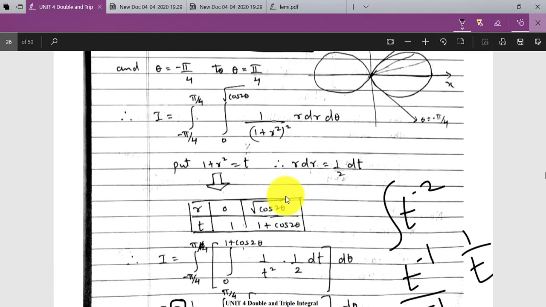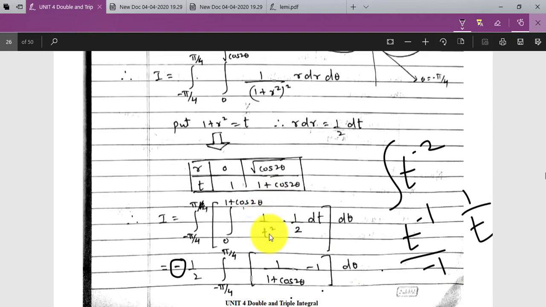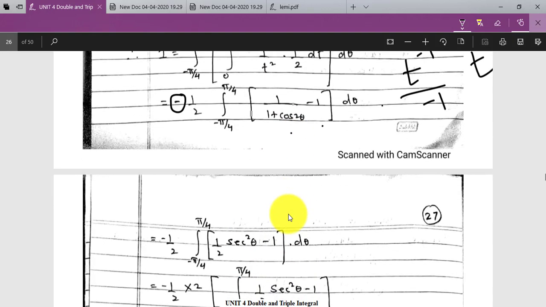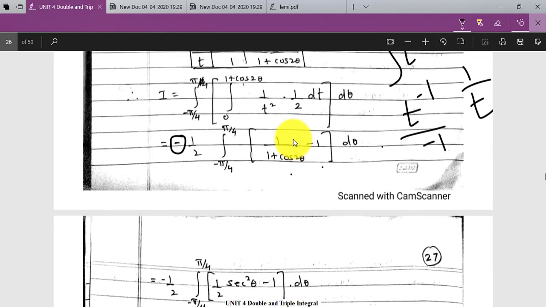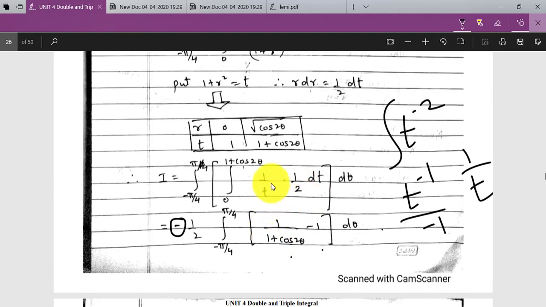But what is your t, right? In fact, my 1 by t is 1 plus cos 2 theta. Fine. Okay, now, and this is minus 1. Okay, now we have evaluated for this also. Okay, fine, sorry, I take my words back. So see here, this is the upper limit, okay, and the lower limit.